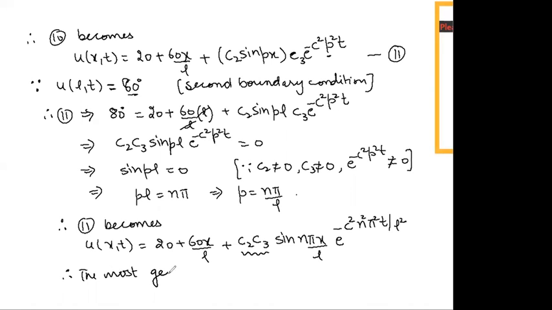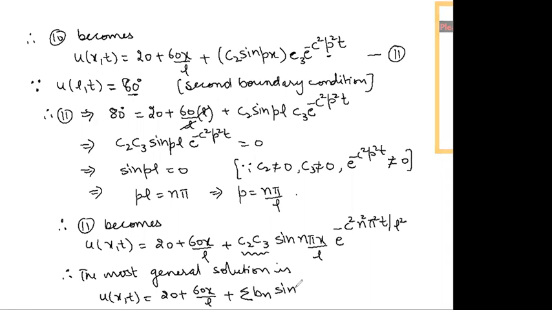The most general solution is u(x,t) equal to 20 plus 60 x by L plus summation of Bn sin n pi x by L e to the power minus c square n square pi square t by L square, where Bn is C2, C3.